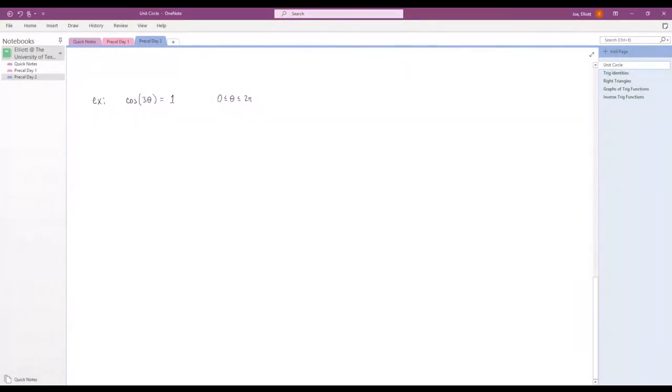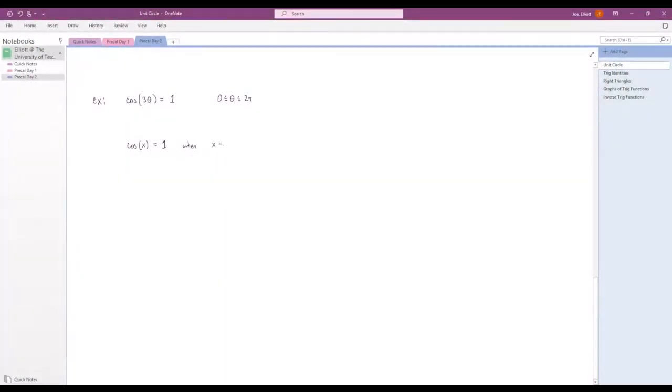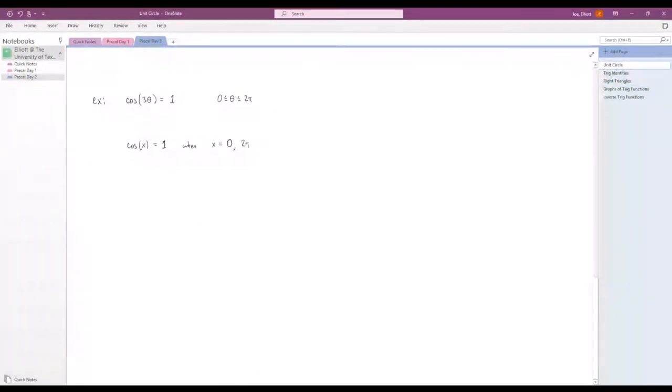So what angles is cosine equal to +1 at? Yeah, it's equal to +1 at 0. Not at pi, it's going to be -1 at pi. And then it's also equal to +1 at an angle of 2 pi.